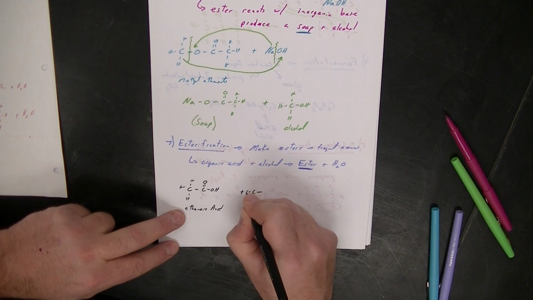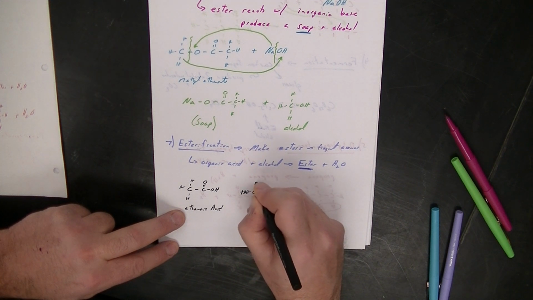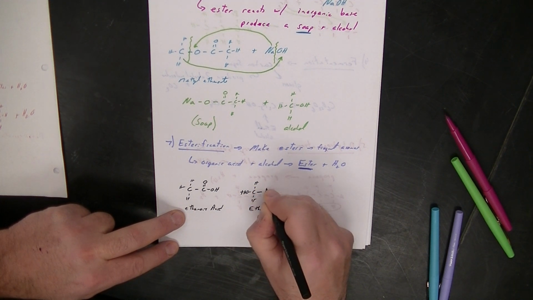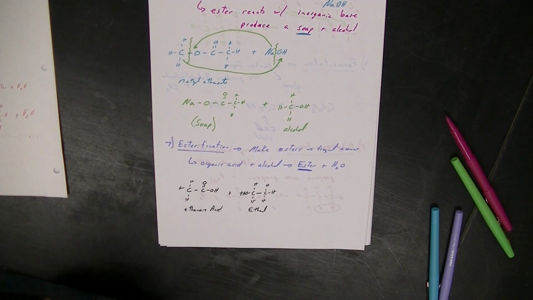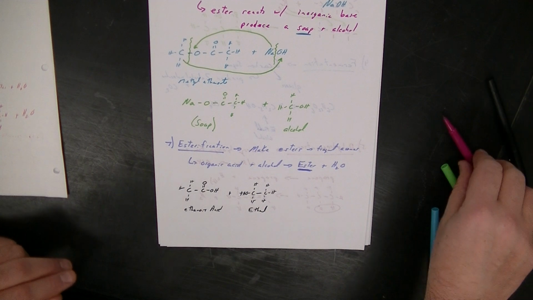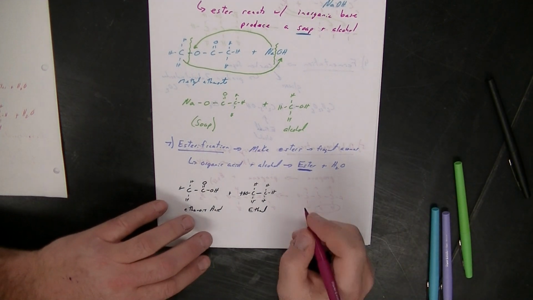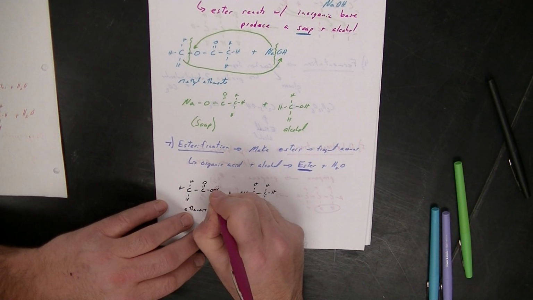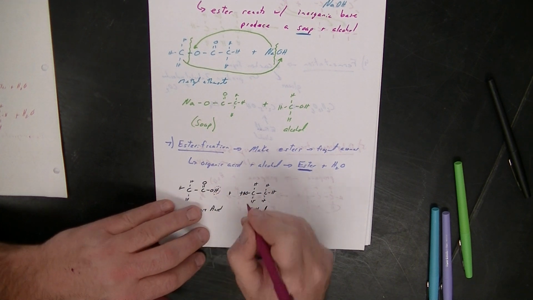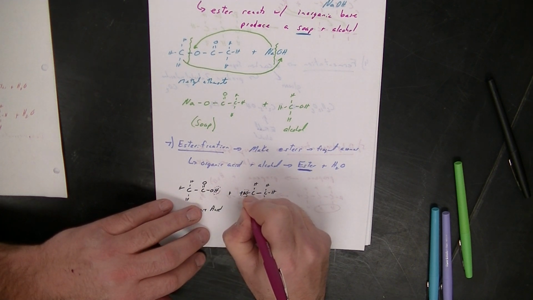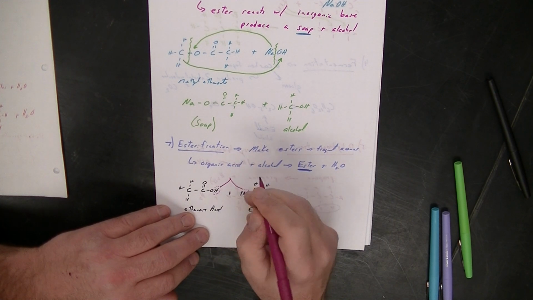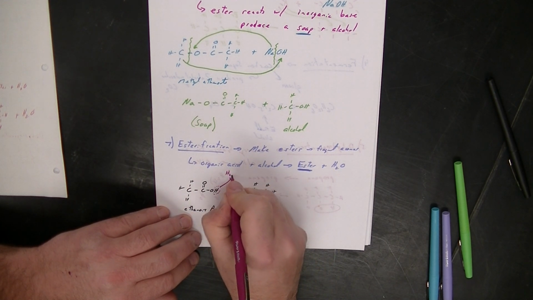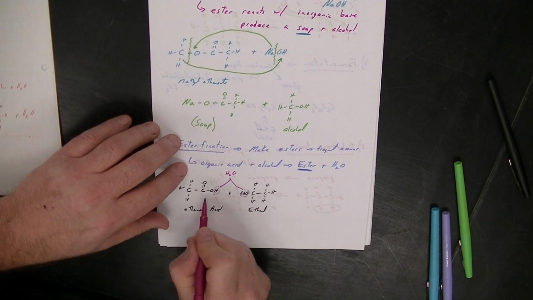And put the OH group here just for ease. And when this reacts, this hydrogen of the acid will come off. The hydroxyl group of the alcohol will come off, and these come together to form water. And then these are going to join.